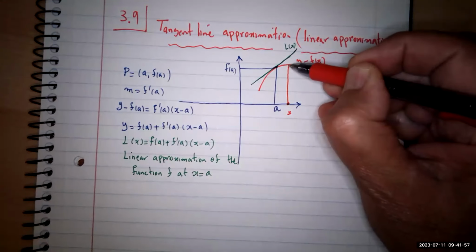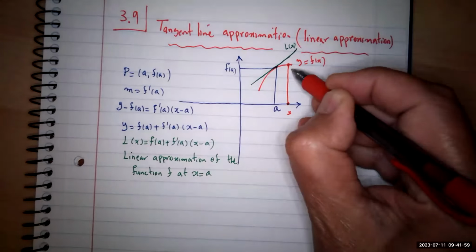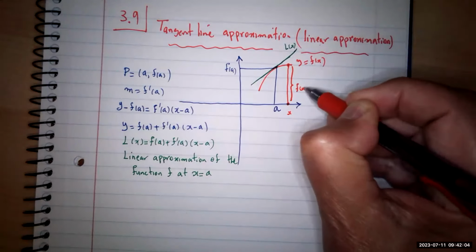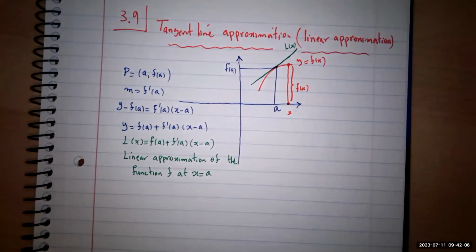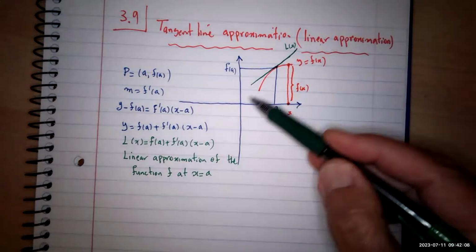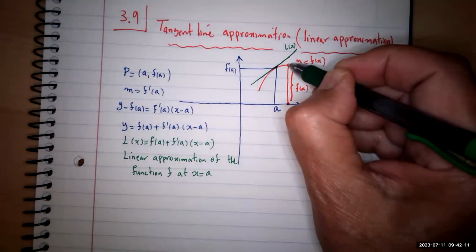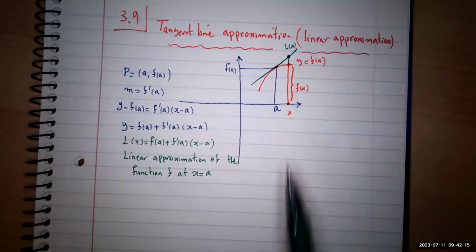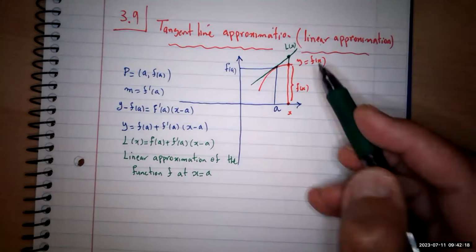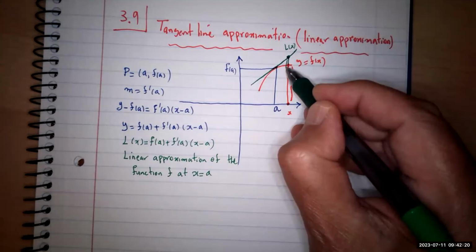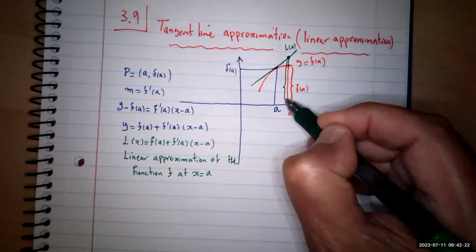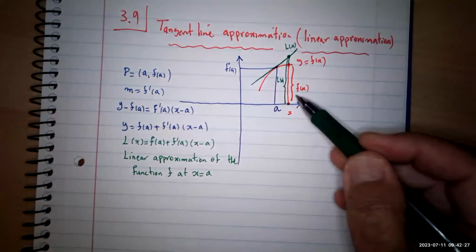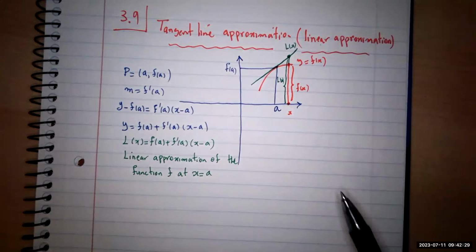So this red part is f of x. But you can also drop it into the tangent line, because if you continue, that would intersect the tangent line as well. So if you drop the x into the tangent line, the green one is L of x, the red one is f of x.